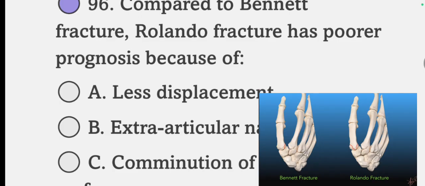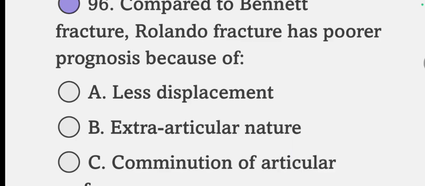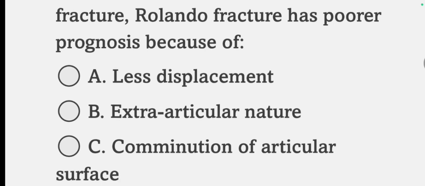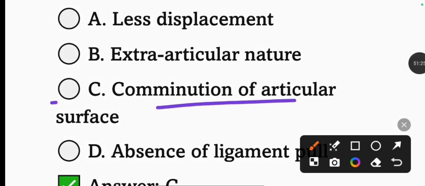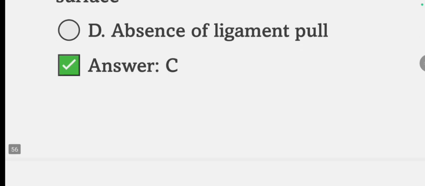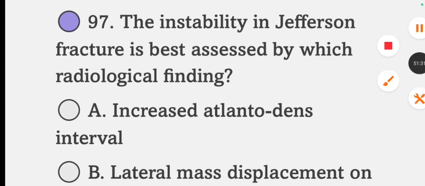Both are seen in the first metacarpal, thumb CMC joint, but Bennett is a two-part fracture and Rolando is a comminuted fracture. So Rolando fracture has a poor prognosis due to comminution of the articular surface, and Bennett fracture usually has a better prognosis. So the option given is C, comminution of the articular surface. Okay, I think that's clear.